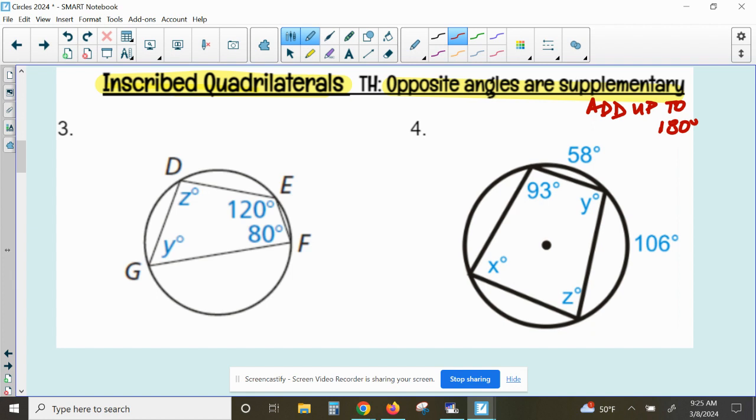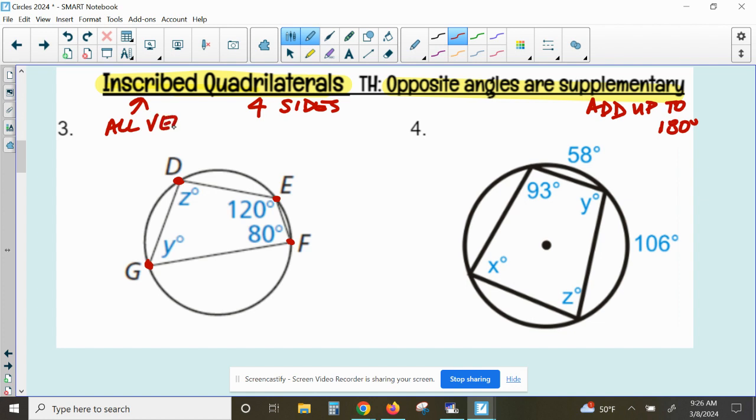Inscribed quadrilaterals. What's a quadrilateral? 4 sides. Add little notes to your paper. Inscribed means that all the vertices are on the circle. Should I say corners or vertices? What sounds better to you? They're called vertices, but I don't want you to put a word in your notes that you don't know what that means.